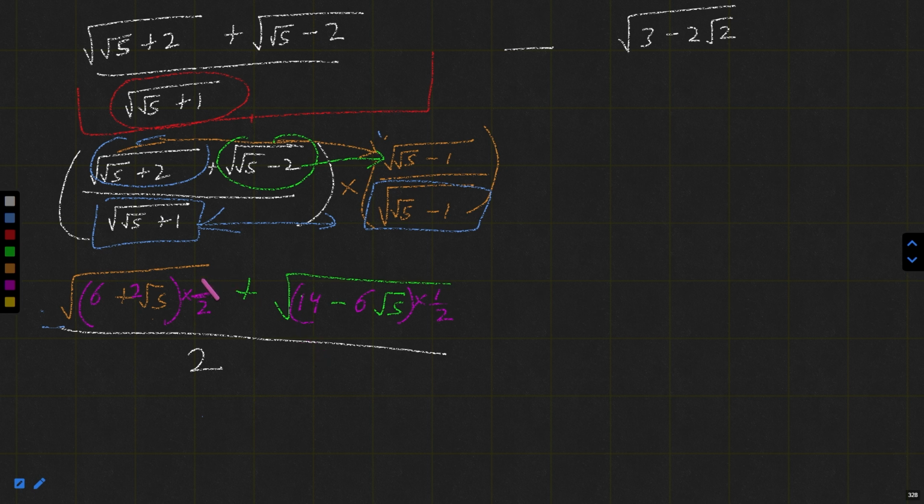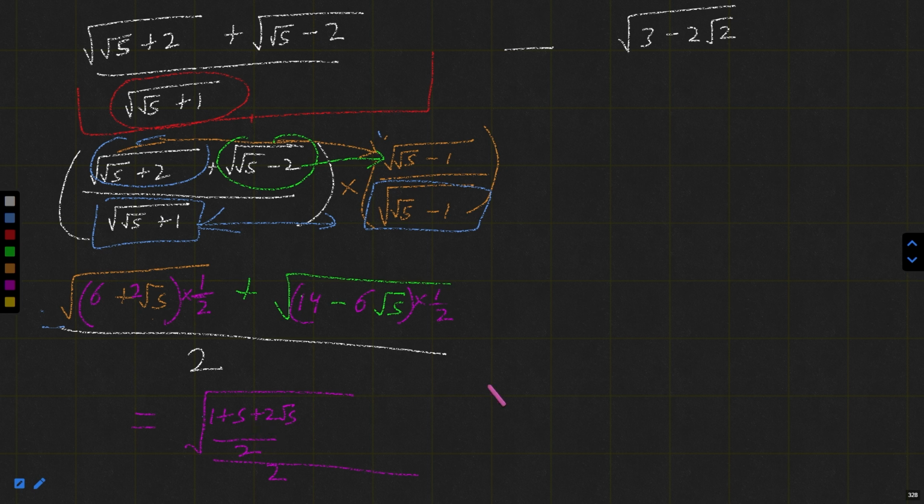Now what? If you see, the main thing has been done. In the denominator it is still 2, but the values in the numerator are 6 plus 2 root 5, which I can easily write as 1 plus 5 plus 2 root 5.